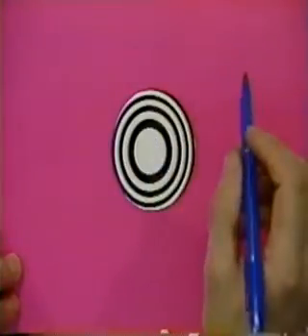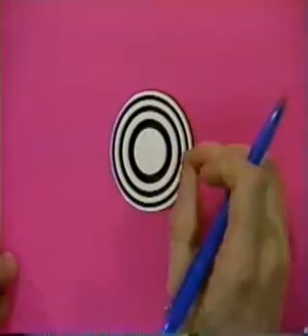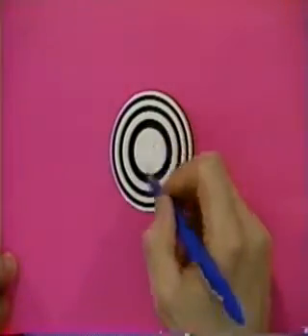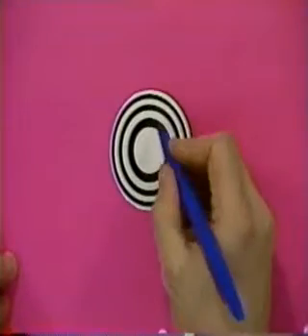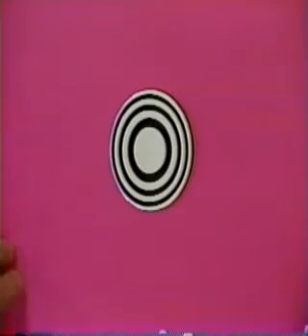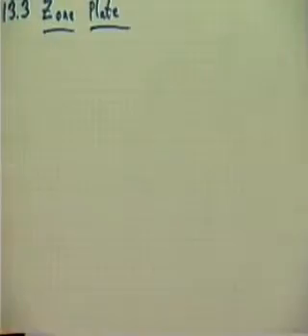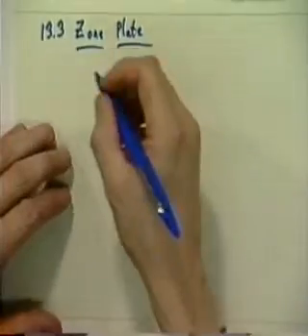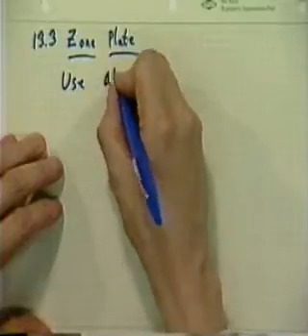So the idea is that maybe we can get more light on axis if we cover up every other Fresnel zone. Instead of having a completely transparent aperture, let's cover up every other Fresnel zone and see if we can't increase the amount of light we have, at least on axis. So we're going to use alternate Fresnel zones.